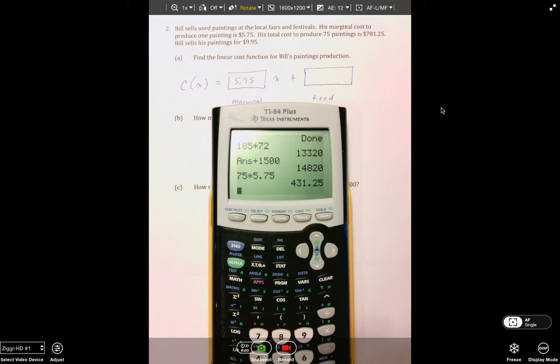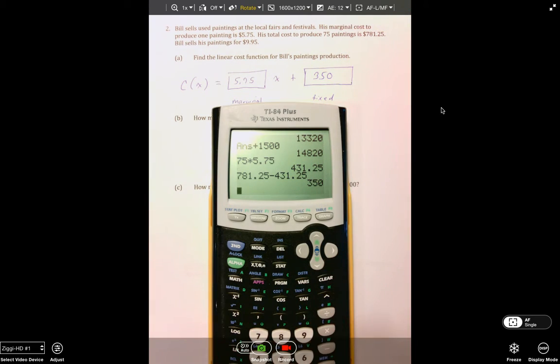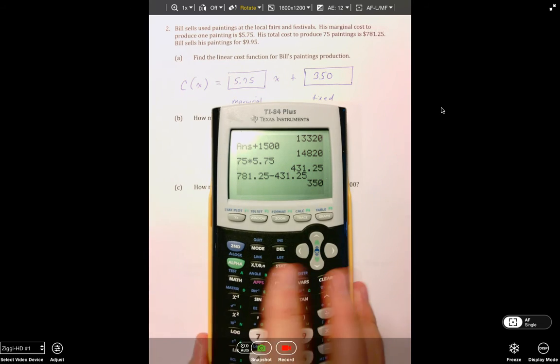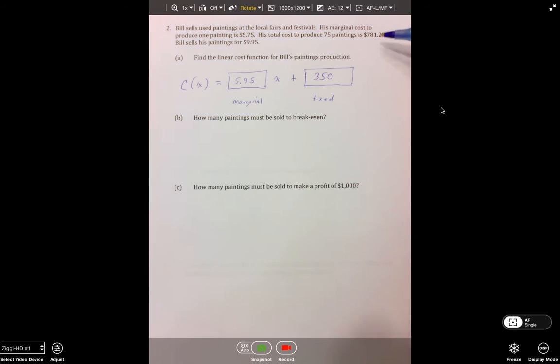Well, the difference in that for the $781.25 has to be the fixed cost. So that has to be $350. Because again, the total cost to produce 75 paintings is $781.25.